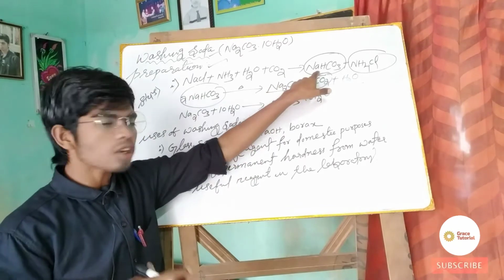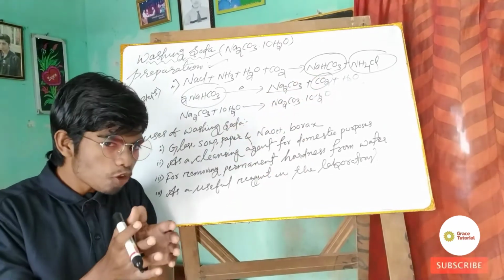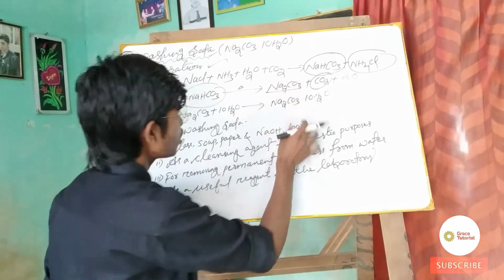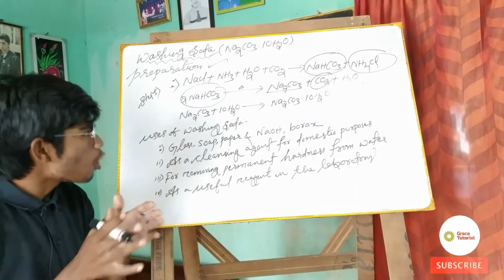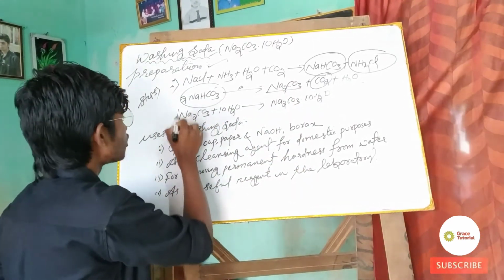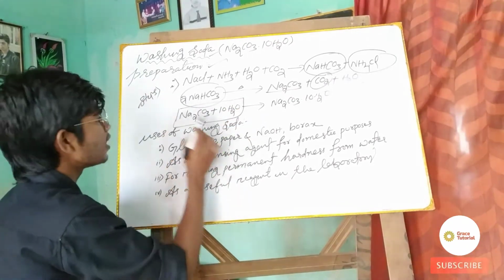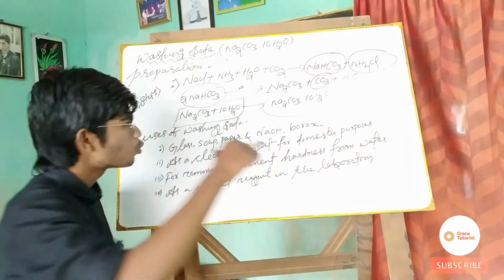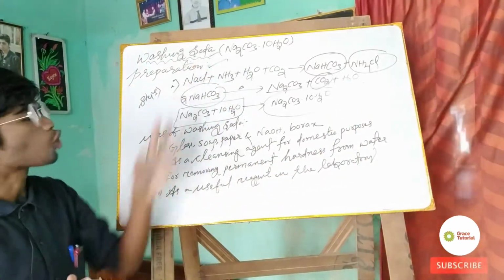After its formation, if you heat it, you will get sodium carbonate. When the sodium carbonate is treated with water, you get the hydrated form of sodium carbonate, which is known as washing soda.